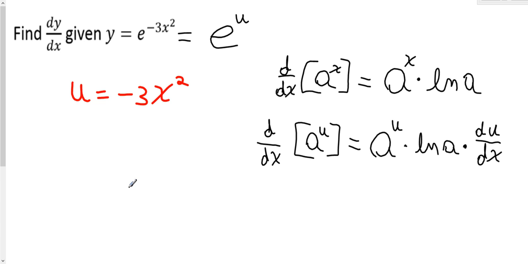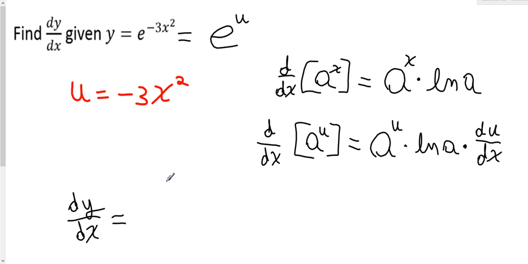Well, let's see here. In order to do this, I'm taking the derivative to find dy/dx, the derivative of y with respect to x. That's going to be equal to, well, it's e to the u, so I'm going to use the chain rule version of the exponential rule here.